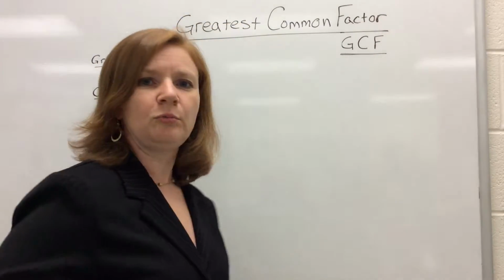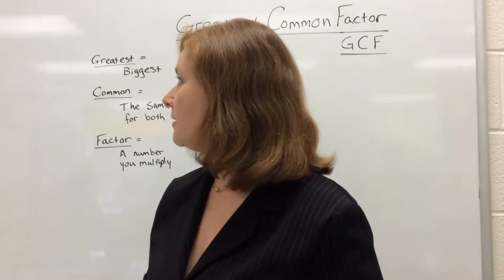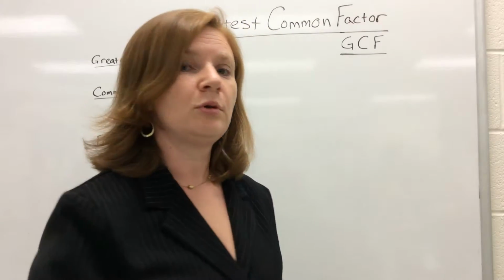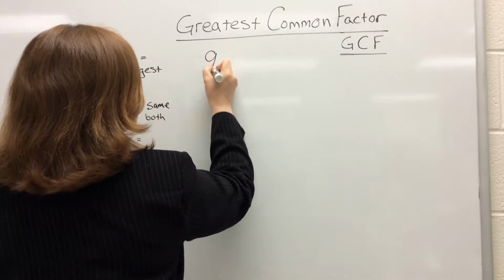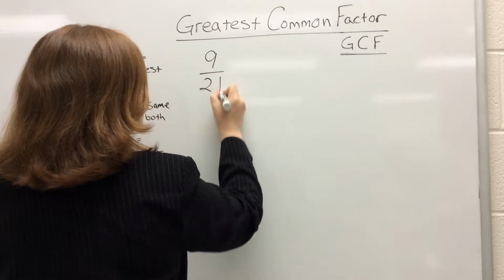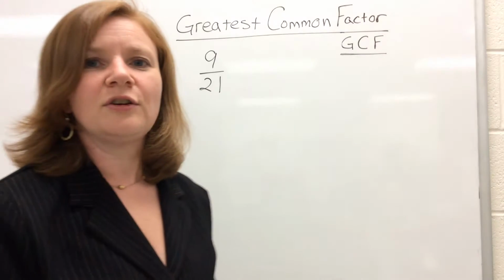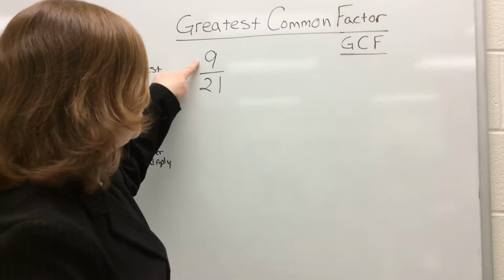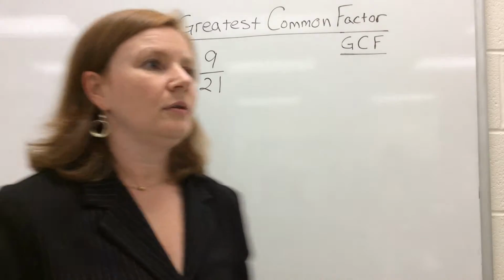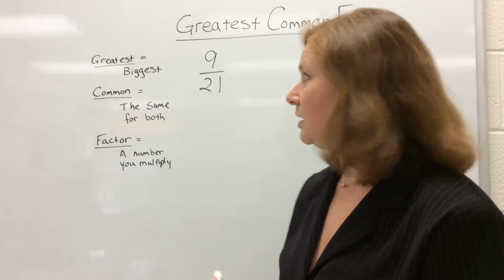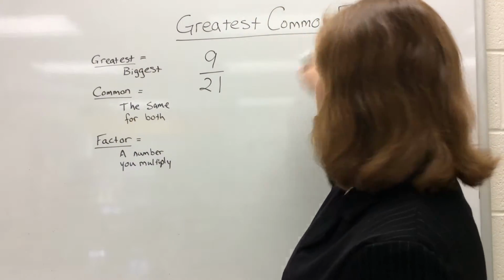We'll work with two fractions today. The first one is 9/21. So I need to find the greatest common factor of the numerator and denominator. Each word in greatest common factor has its own meaning.